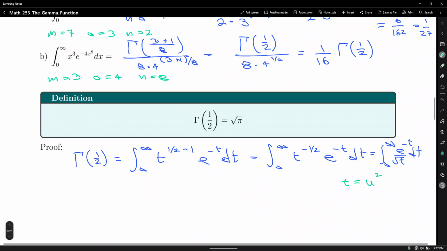So dt equals 2u du, which means u equals the square root of t. We're going to use this to rewrite that integral.